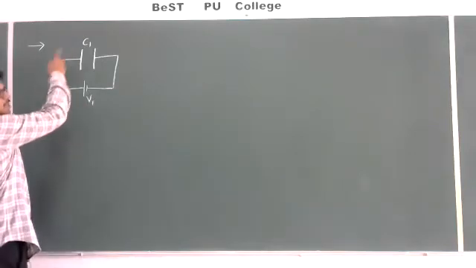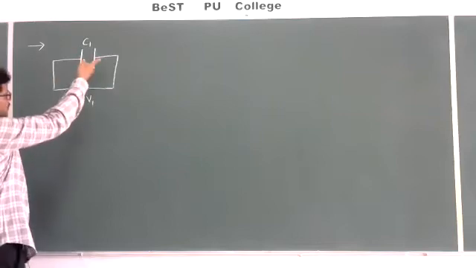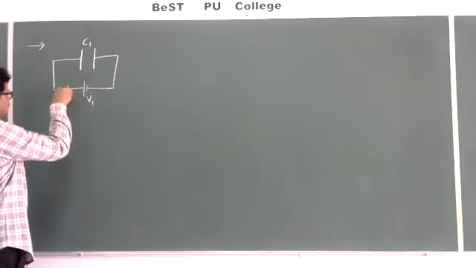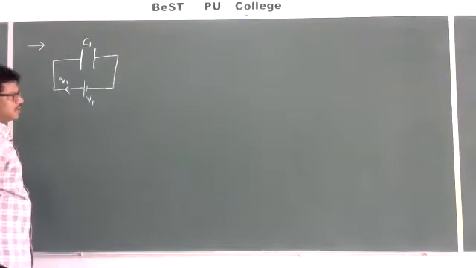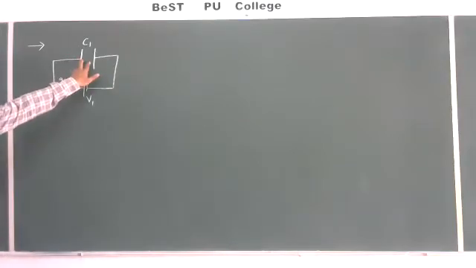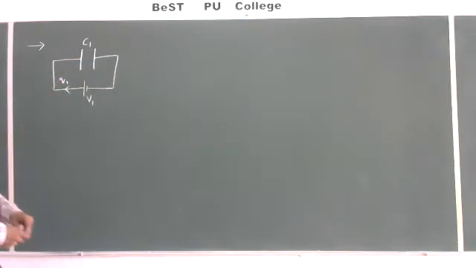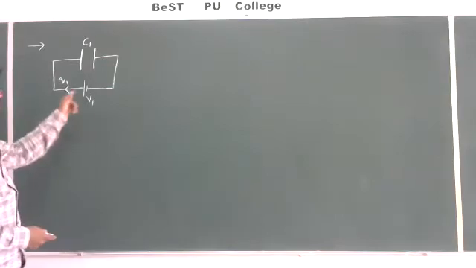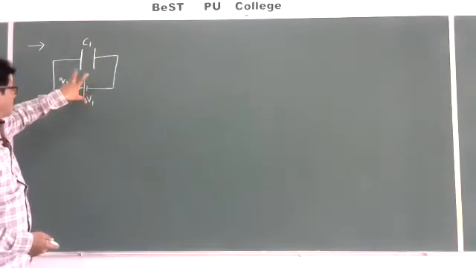Then there will be a transfer of the charge. There will be a charge flows. That charge is Q1. After some time, this capacitor is completely charged. Then, once it becomes completely charged, now I will remove the source.